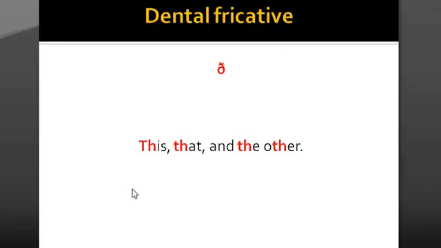Like that. Okay? Are you ready? Repeat after me. This, that, the other. This, that, and the other.